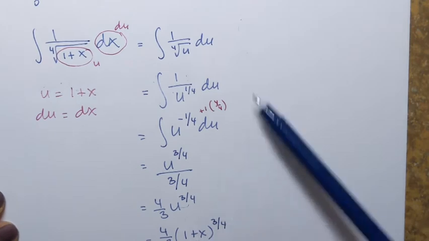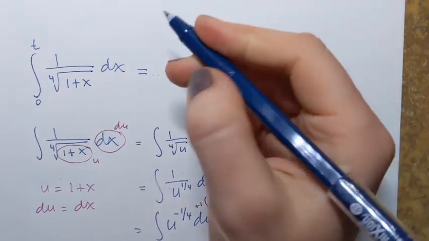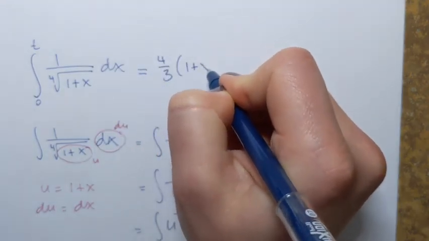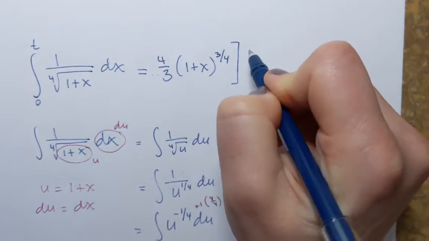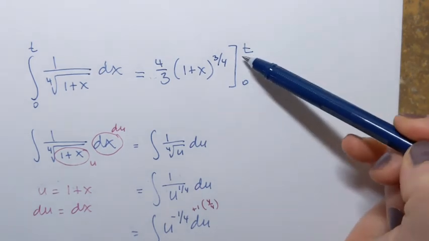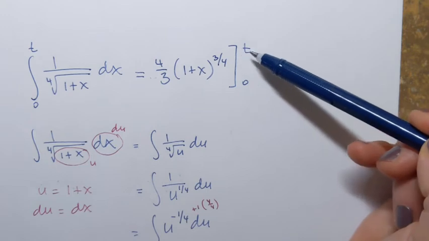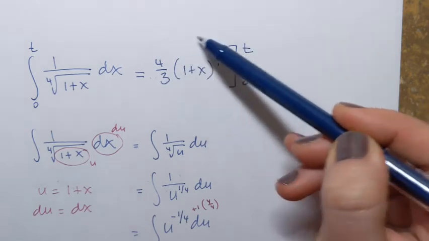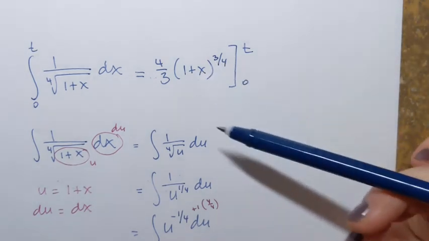And I'll place it back right here, so that I can evaluate it. So we got 4 over 3, 1 plus x to the power 3 over 4. That has to be evaluated at t and 0. Even though we don't have a constant here, so it's just t as a variable, we're going to treat it the same way. So I'll just plug in t for every x in my expression, and then I'll plug in 0 and find the difference.